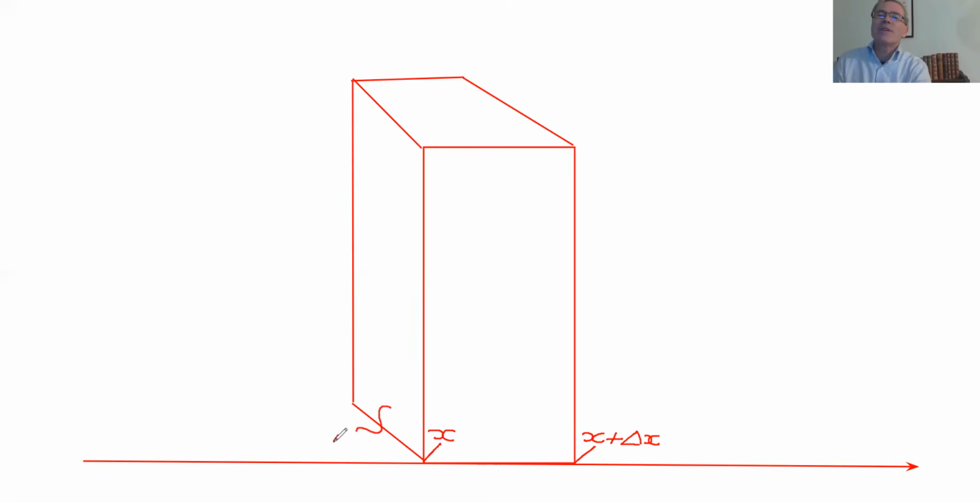And we have some cross-sectional area A. And what we now have is some flow into the box, which I'm going to give a symbol F for flow or flux, and that's at a location X. And I'm going to have some flow out of the box, and that's at a location X plus delta X. Okay, so that's what we're going to consider.